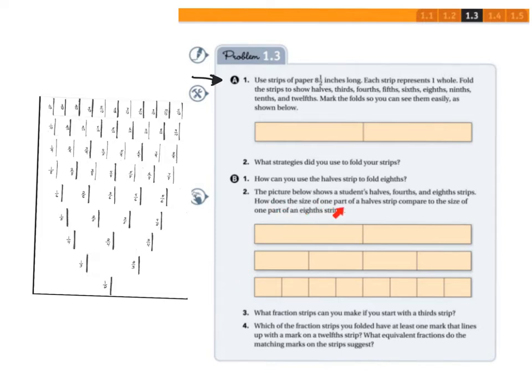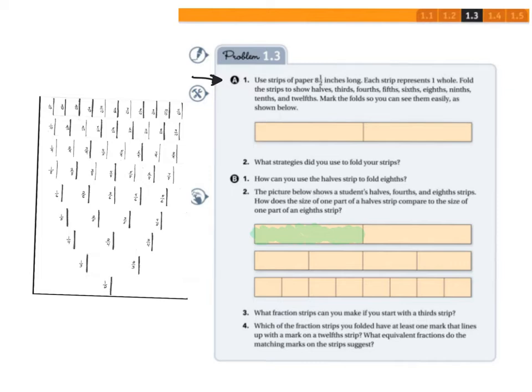How does the size of one part of a half strip compare to the size of one part of an eighth strip?